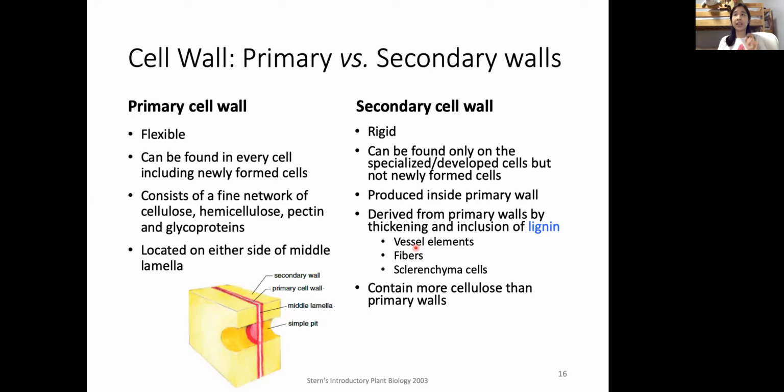For example, in the xylem of the plants, it needs to withstand the very high pressure during the transpiration of the plants. The cells of xylem are called vessel elements, and there are some fiber cells and some type of cells called sclerenchyma. We will learn about that in this lecture. I'm not sure in which video you will learn about sclerenchyma. And the secondary cell wall contains more cellulose than the primary cell wall.